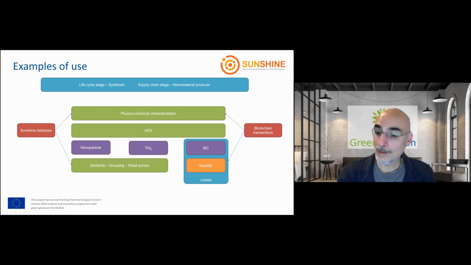Like we said before, this linkage goes through a blockchain transaction and the data provided by the supplier is directly usable by Laurentia. Of course, if some data is missing and they cannot measure it, they can apply the similarity grouping and read-across module, that again makes use of data from the Sunshine database.